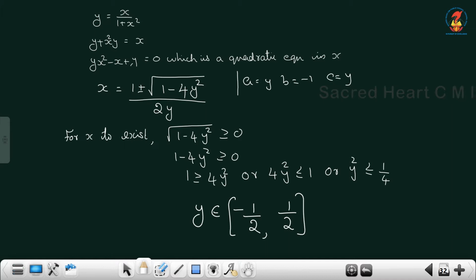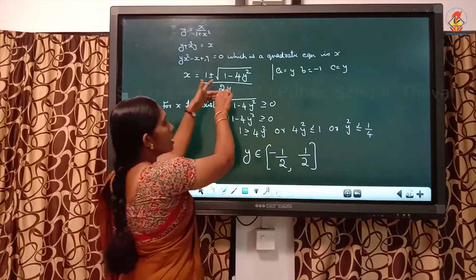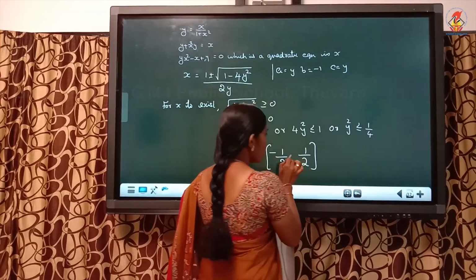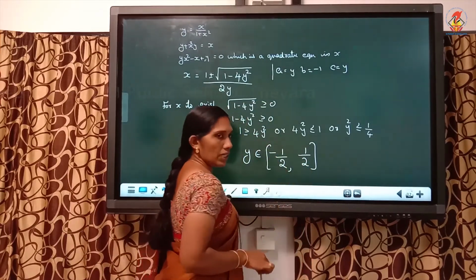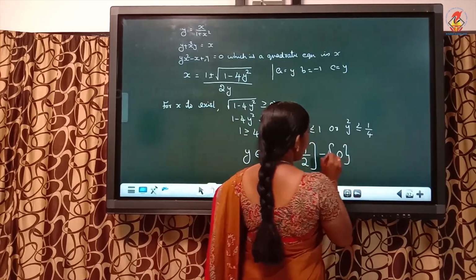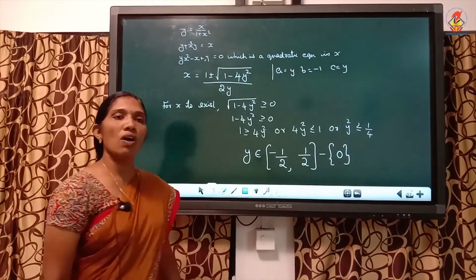And also, if y is equal to 0, this is not defined, then also x is not defined. So for x to be defined, this y should also not be 0. 0 is a point in this interval, so that 0 you have to subtract. If y is equal to 0, x is not defined.